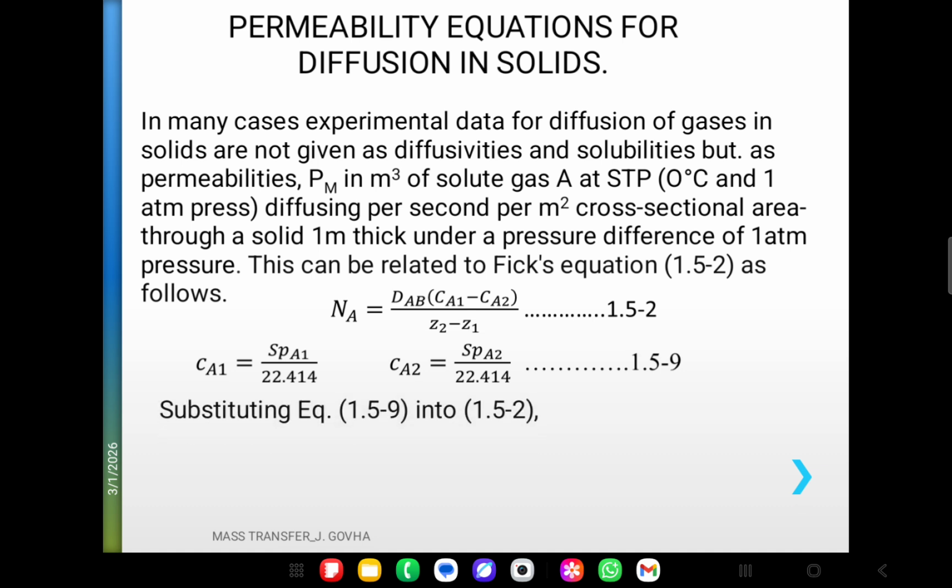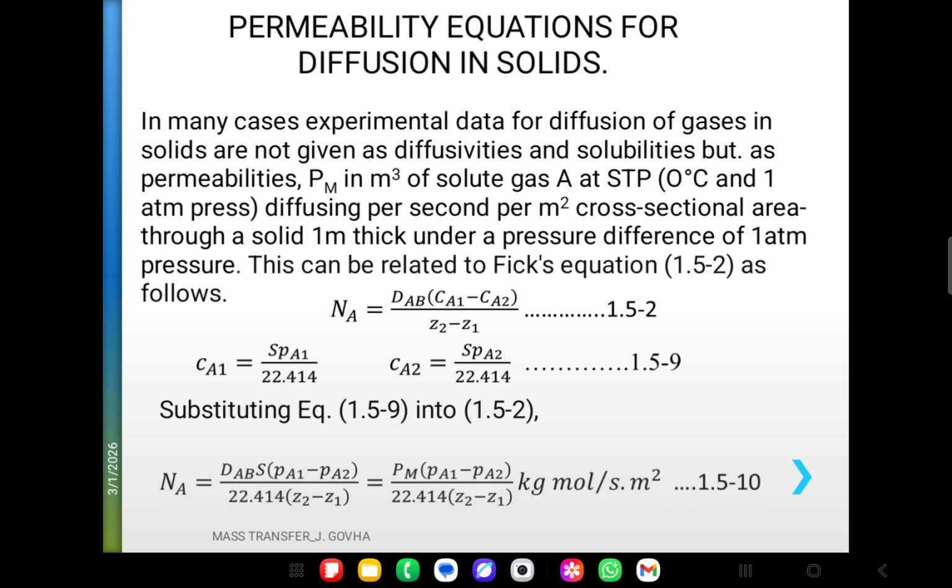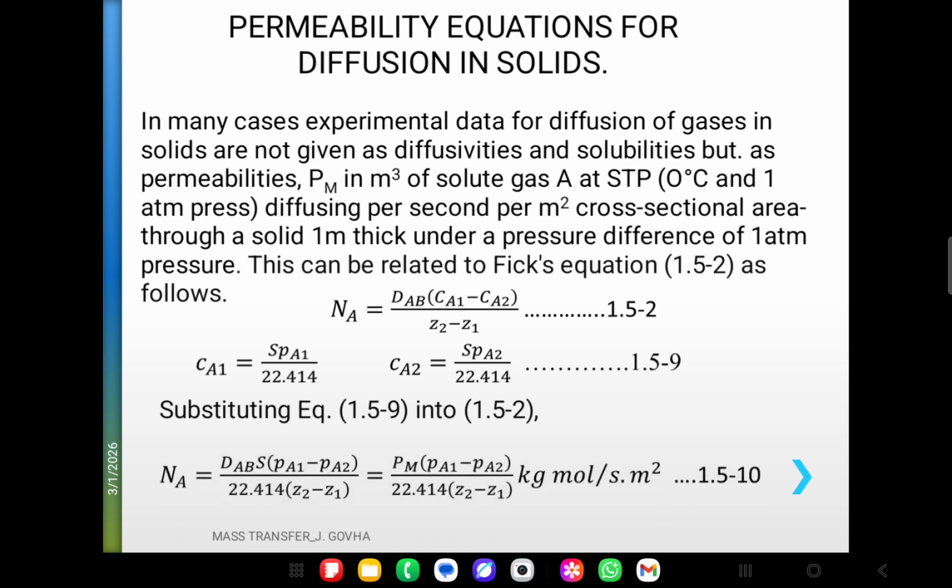Then substituting 1.52, this, into 1.59, this one you want to substitute into 1.52 there, to obtain the following.